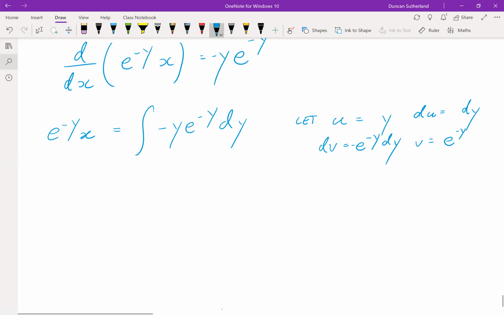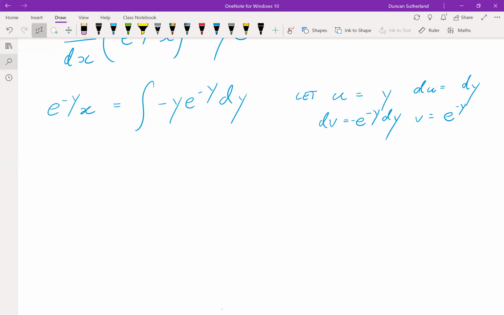Okay, so let's plug into our integration by parts formula: uv minus the integral of v du.